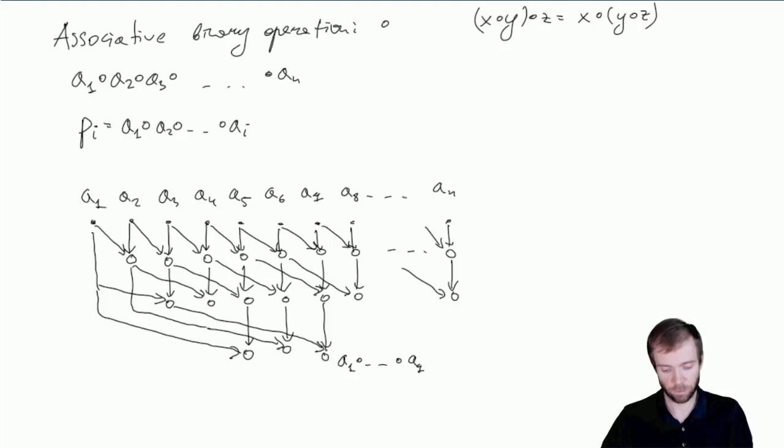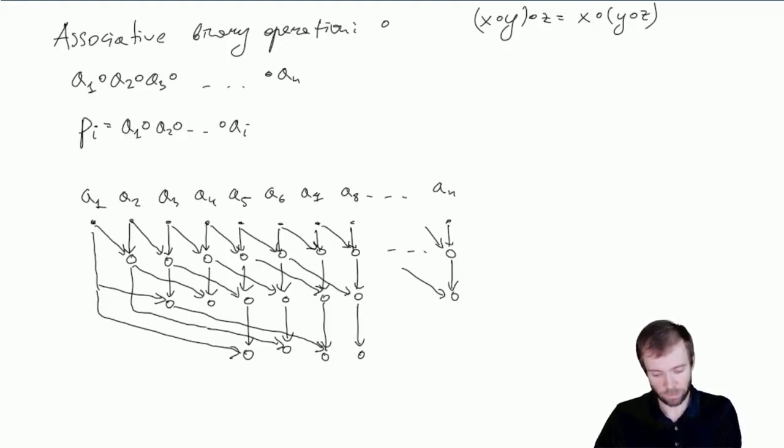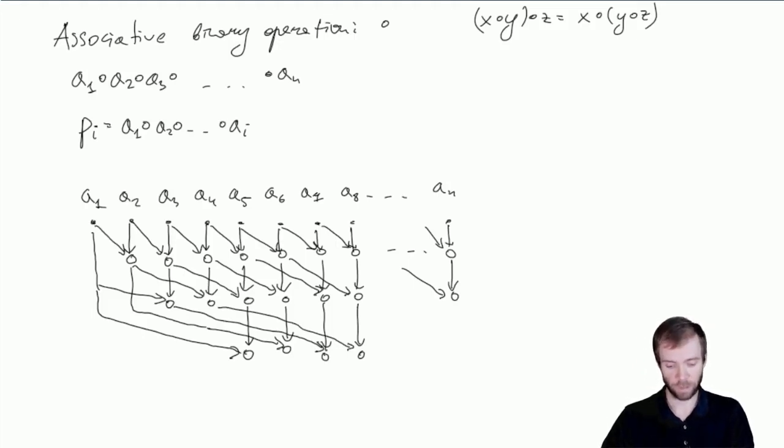And on the next node, for instance, if we place a node here, we see that this node, which is supplied with this value, will compute the product of all A's from the very first one to the 8th. And so on this layer, we'll have the products of all 8 consecutive A's. Well, up to this layer, we'll have all the products of up to 8 consecutive A's, we can say.